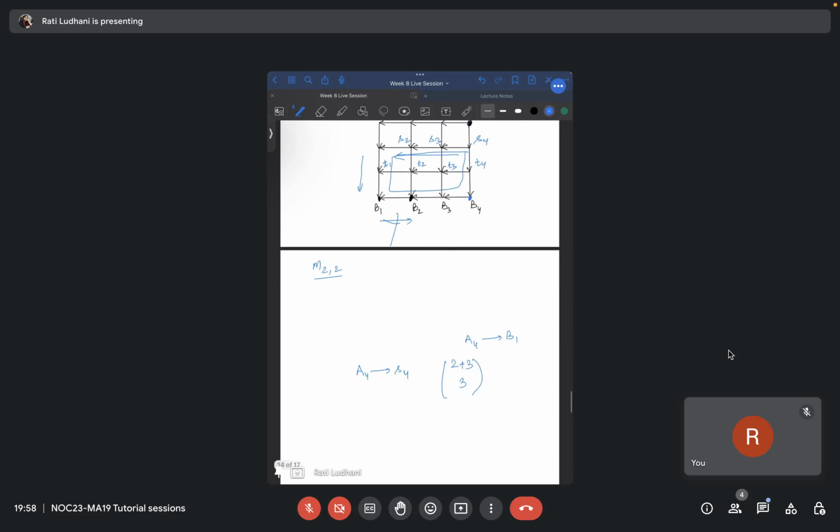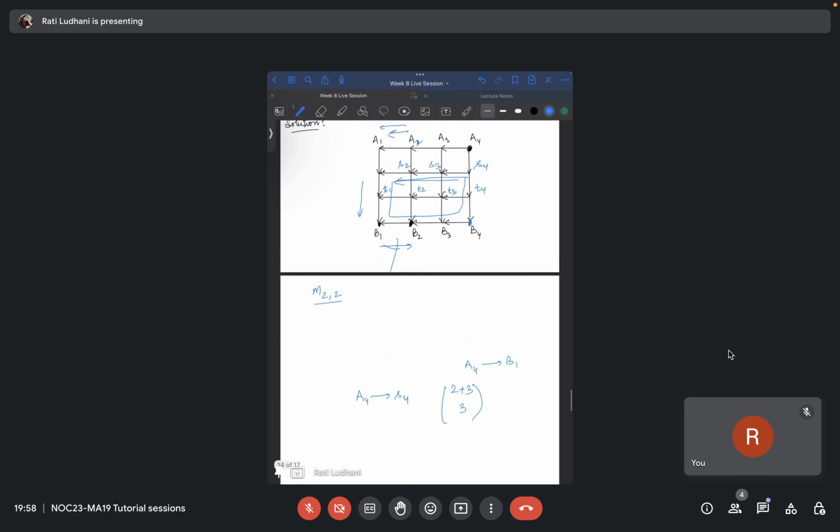Yes. But I want to go from A4 to B1, right? So I can take the entire box at the same time from A4 itself, not from S4. Starting with A4 itself, I have 3 arrows to the west side and 3 arrows to the south.